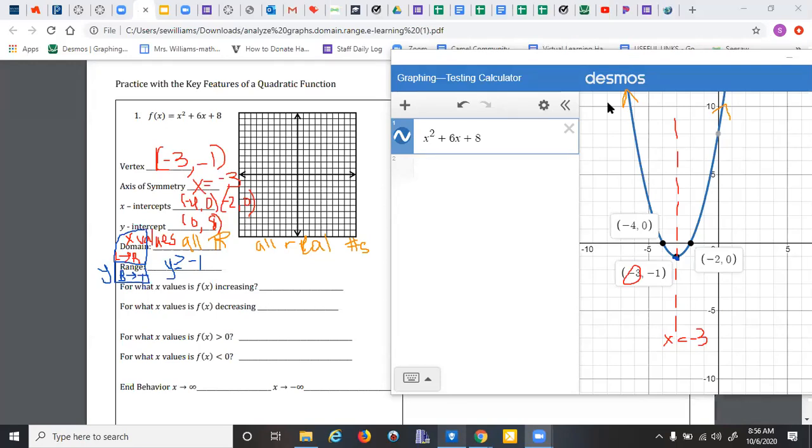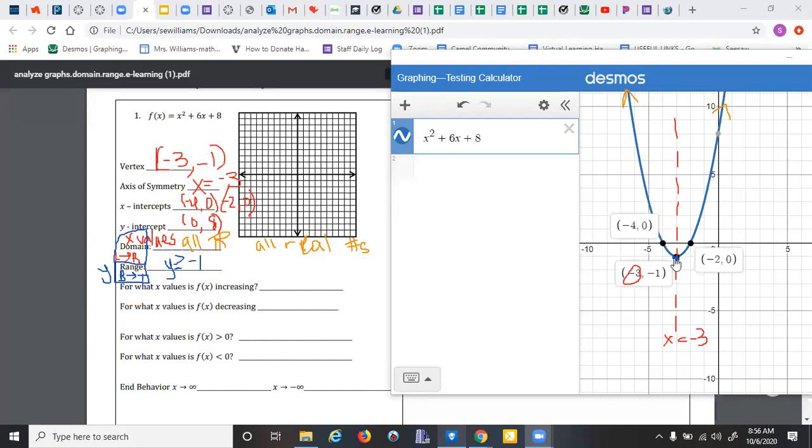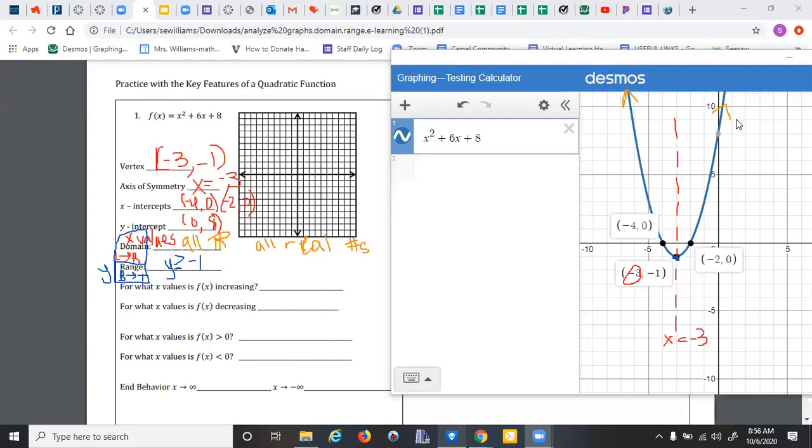It is increasing from -3 to infinity. And it's decreasing from -infinity to -3 on the left side of the graph. That will make more sense once we do more of those, okay?